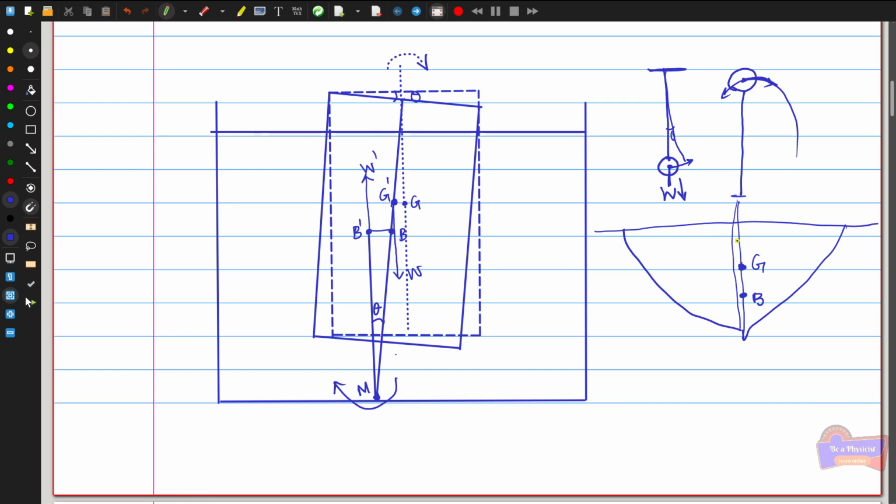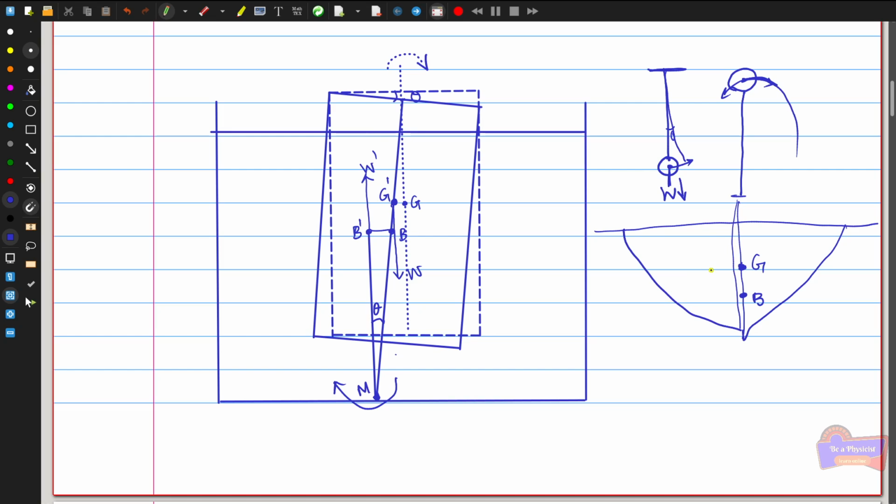So at the equilibrium point, the weight of the ship will be equivalent to the buoyant force. That means the weight of the liquid displaced equals the weight of the ship. So the center of gravity as well as the buoyant force will lie on the same vertical line, so that there is a symmetry between the left and right directions along this vertical line.